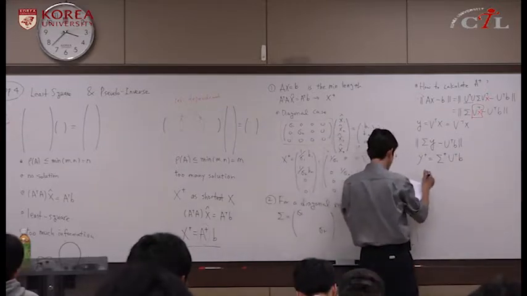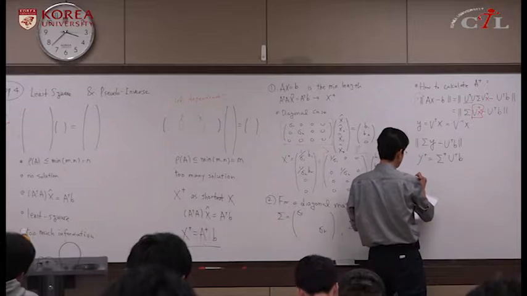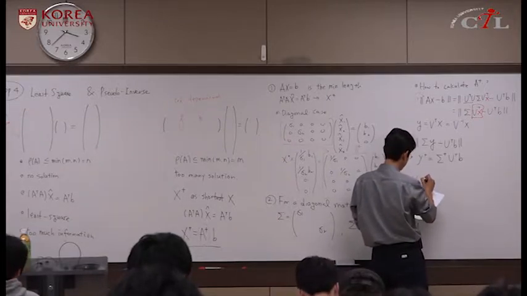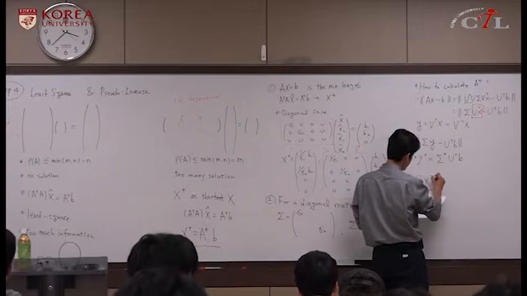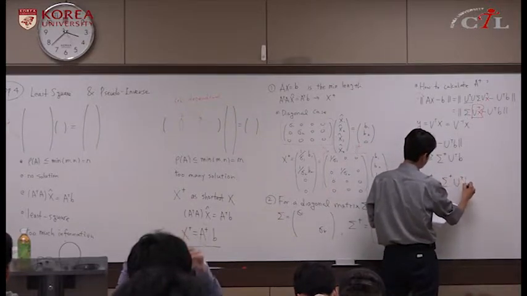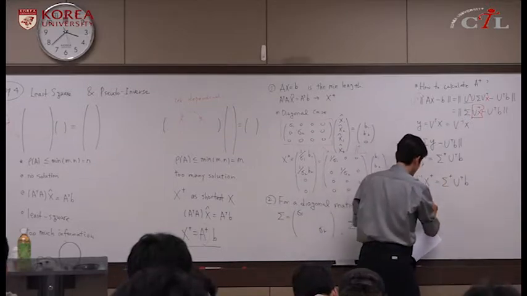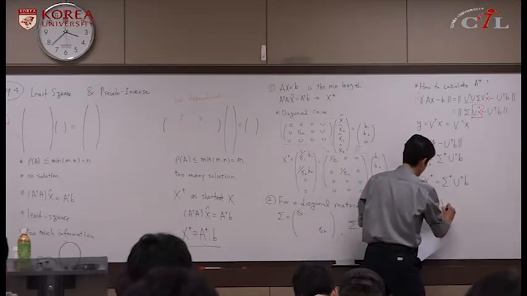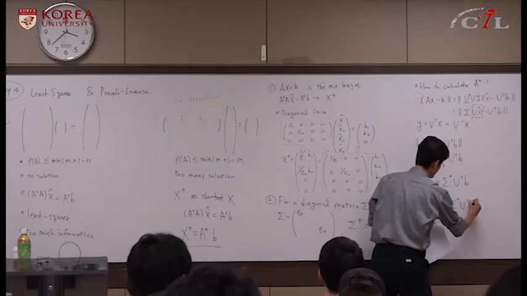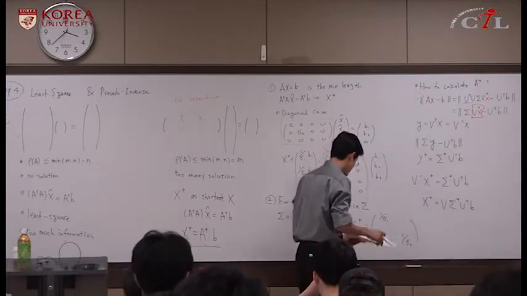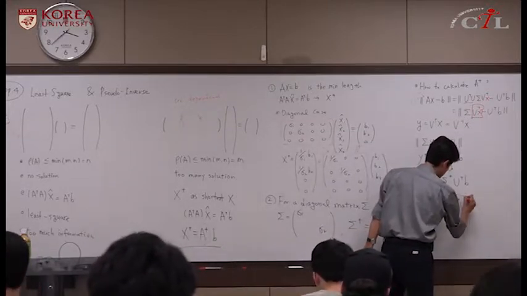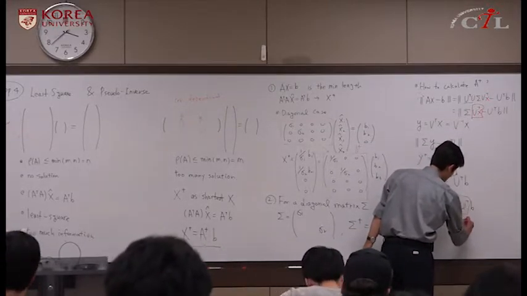Here, y pseudo is V inverse x pseudo, which is sigma pseudo U transpose b. Therefore, x pseudo is V sigma pseudo U transpose b. Then we call this part A pseudo.